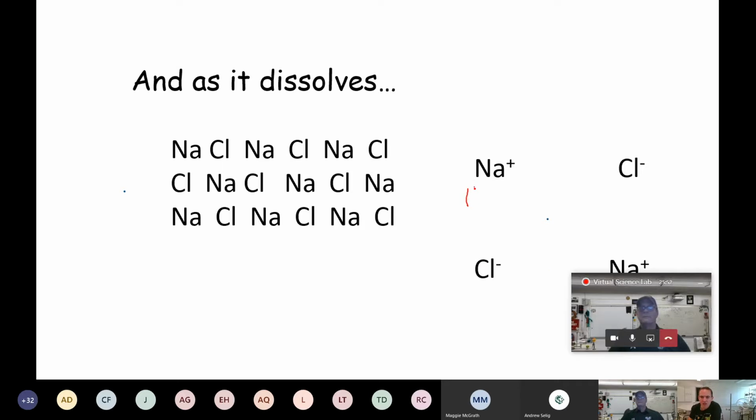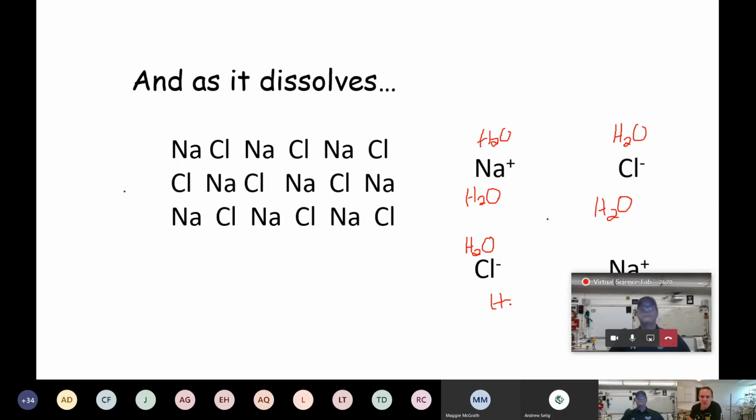So we'd have the H2O molecules getting in here and surrounding all of these particles, and the same thing over here. So that's why it disappears in a sense. Because now instead of making up that big crystal, or that small crystal, but a large number of those ions, they're now separated and put into the solution. And that's why we don't see them anymore.